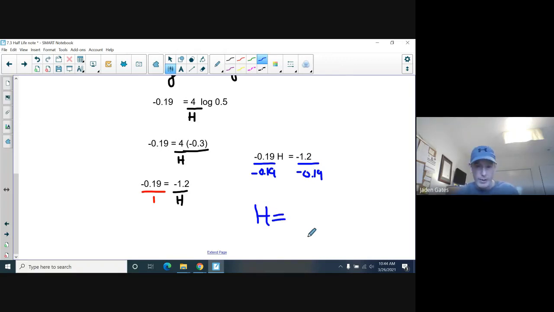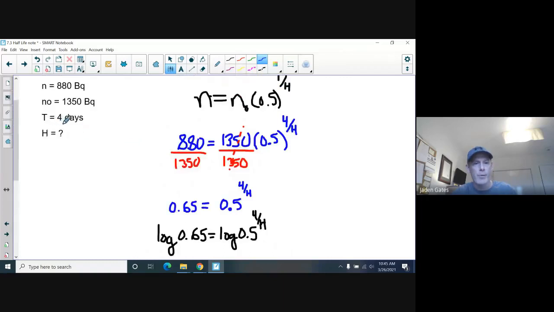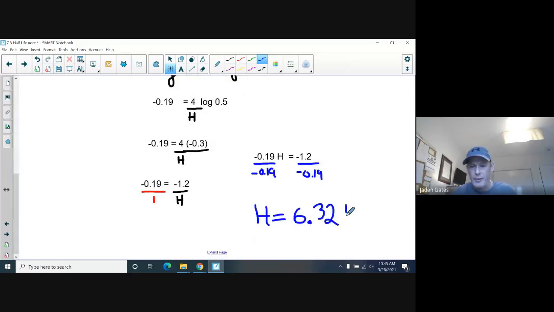I end up with 6.32 units, going to 2 decimal places. T and H always have to be in the same units, and the time that went by was 4 days. So the half-life is 6.32 days.